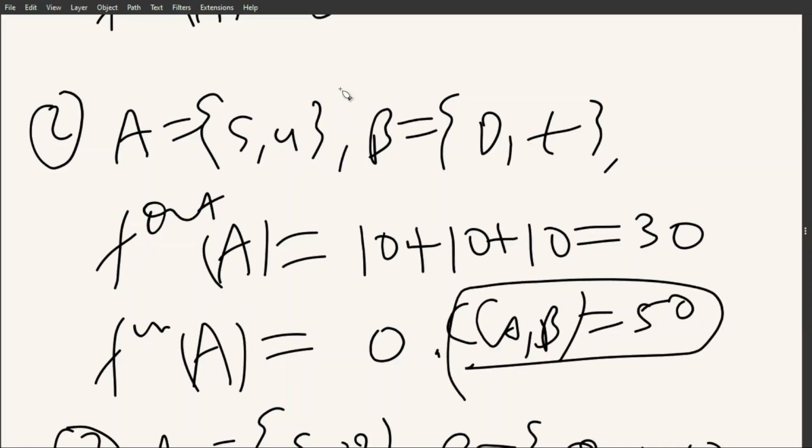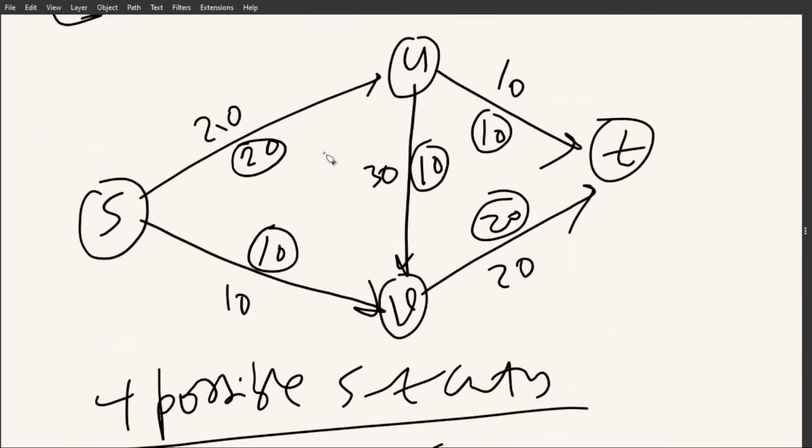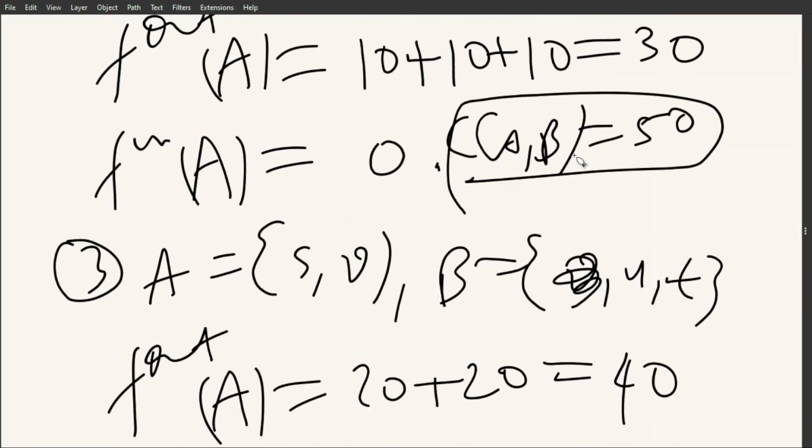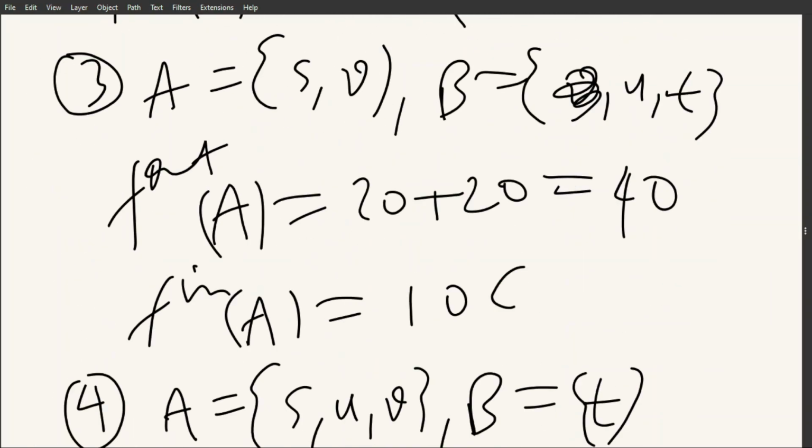Again it is greater than 30. Third possibility we consider SV. Now what is the capacity out of A? First is 20, then second is 20, it is 40. So in the third case the capacity of AB is 40. So here also 40 is greater than 30.